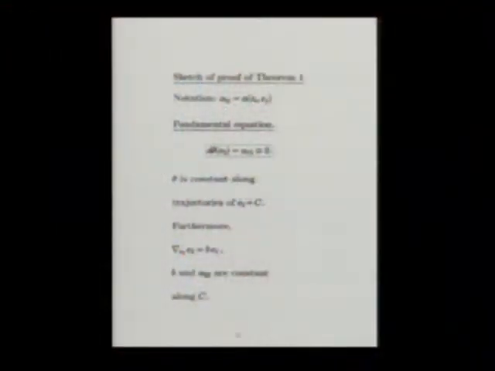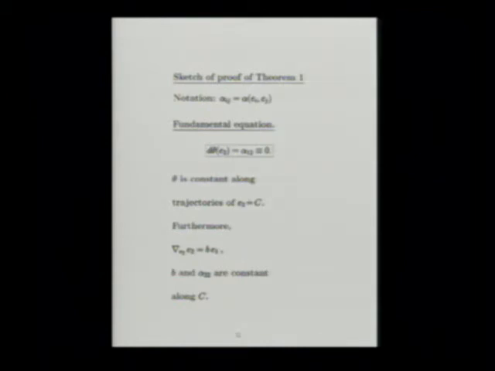Yeah, so that's the fundamental equation. It means that if the hypothesis is alpha 1 2 equals 0, that implies, by a computation, that this theta applied to E2 is identically 0. In other words, the angle theta is constant along the trajectories of E2.